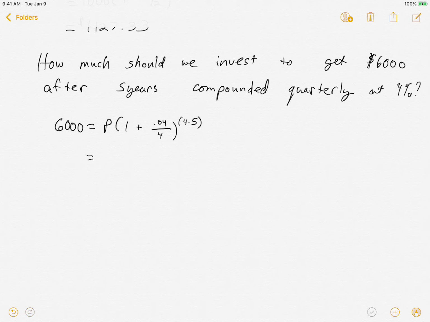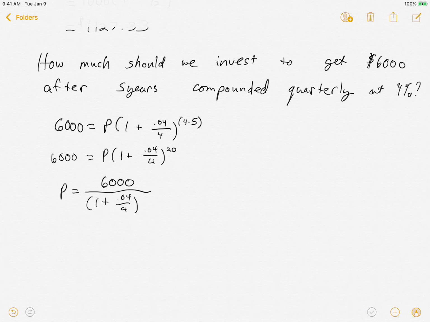So that's going to be 1 plus 0.04 over 4 to the power of 20. Now if I solve for P, it is 6,000 divided by all that stuff. And if you put that in the calculator, we'll see what we get.